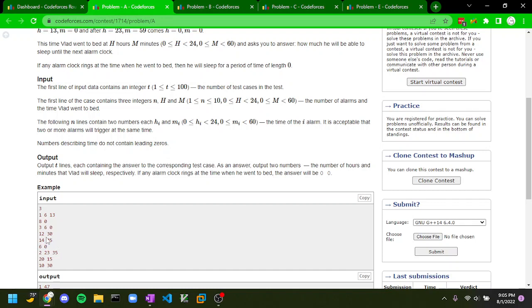But the first step to any problem that uses time is to convert the hours into minutes. So all you do is take the hours, which in this time would be read as 12:30. You take the 12, which is h, the hours, and this would be m, which stands for minutes.